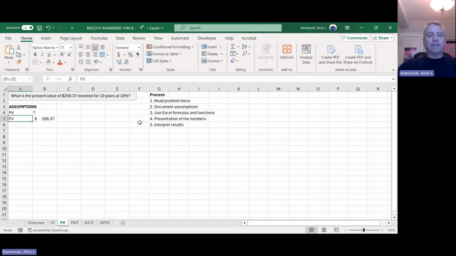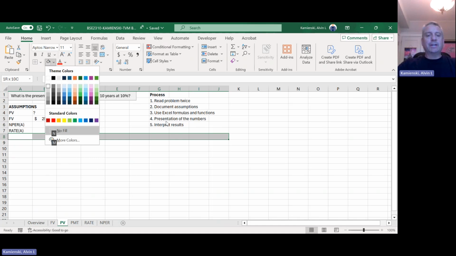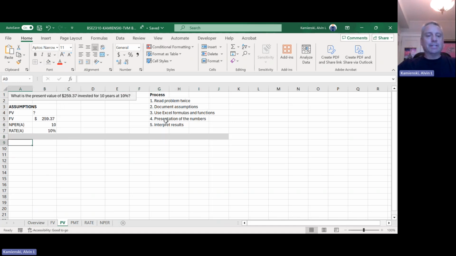So this happens to be a future value of 259.37, but it occurs at a specific number of periods in the future, which I see as an annual number of periods, 10 periods for us. Then lastly, I see that there is a rate that is not qualified, which means there's no label on it. Whenever that happens, it's assumed an annual rate, and so we'll make that 10%. Throw a little breaker line underneath there, and then let's get to the calculations.